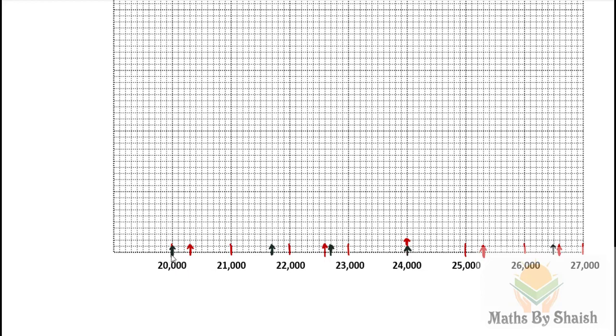This is the minimum value and this is the maximum value, the median is this, this is the lower quartile and this is the upper quartile. A box and whisker plot we always draw like this, with the vertical bar in between representing the median, that is Q2, here Q1, this is Q3, and this is the minimum value and this is the maximum value. Once we have all the data we can plot it.